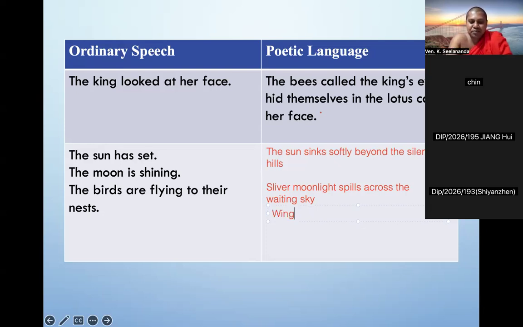Winged wanderers drift homeward to their dreaming nest.